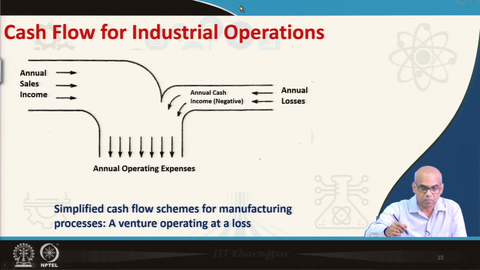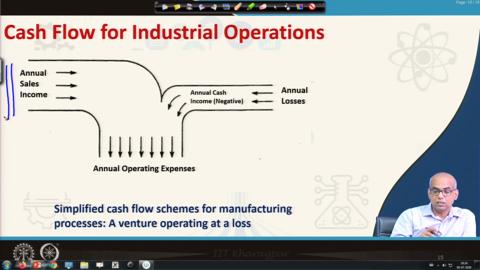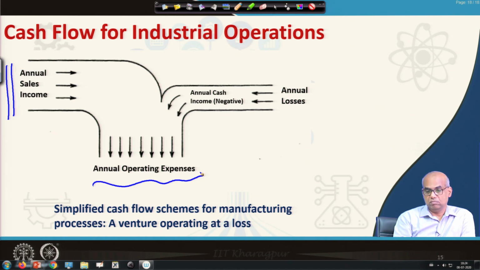So, you have annual sales income, and then you see what goes out as operating expenses is much more than your annual sales income or revenue.